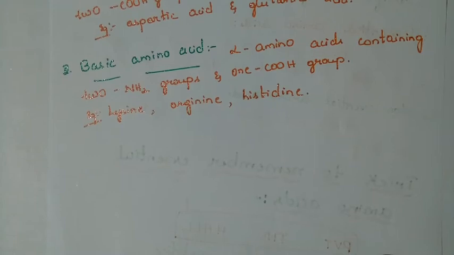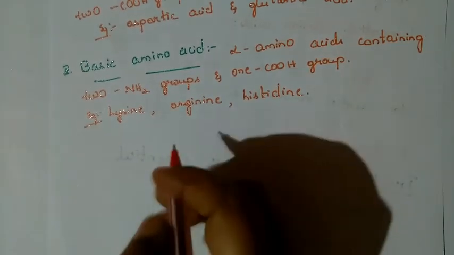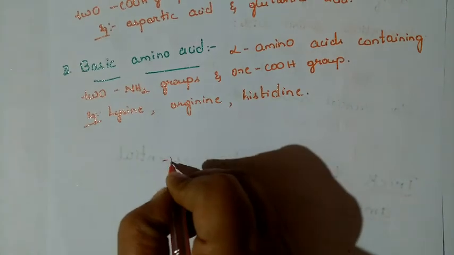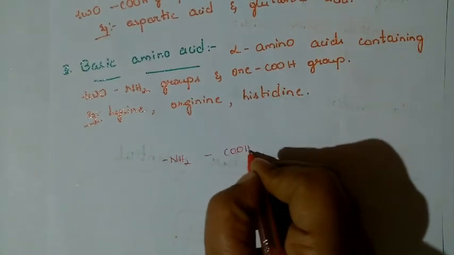But it has both the groups together, so it leads to the formation of a Zwitter ion. So what is that Zwitter ion? Now we shall see. We have an amine group as the NH2 group is present, and it also consists of a COOH group.